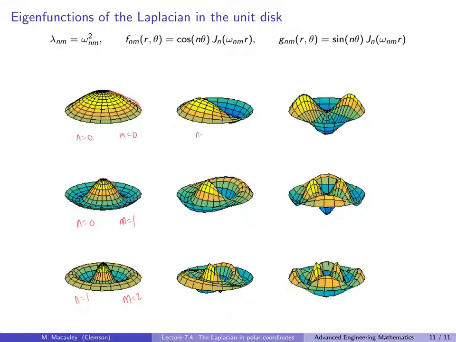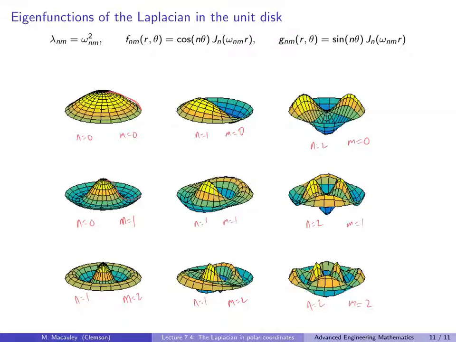Then this is going to be n equals 1, n equals 1, n equals 1, and this is n equals 2, n equals 2, n equals 2, with m equals 0, m equals 1, and m equals 2 in each row.